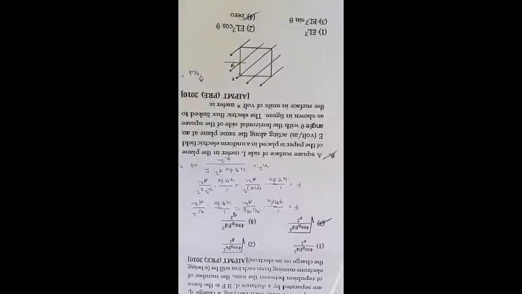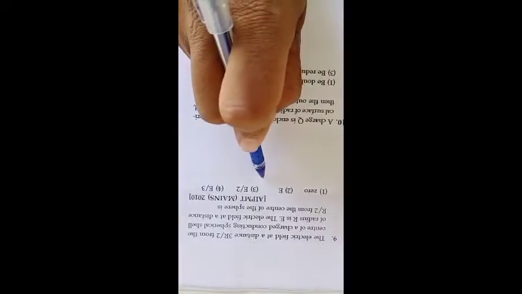Clear? Next, question number 9. The electric field at a distance 3R by 2 from the center of a charged conducting spherical shell of radius R is E. The electric field at a distance R by 2 from the center of the sphere is, there is a sphere.